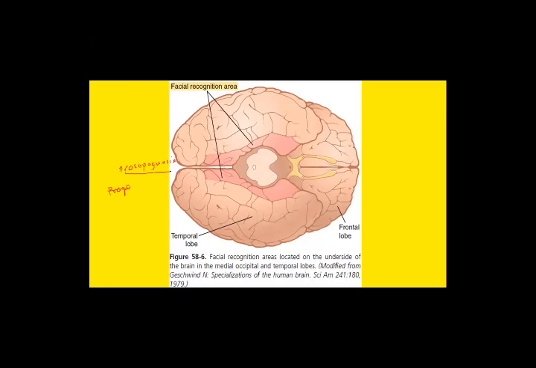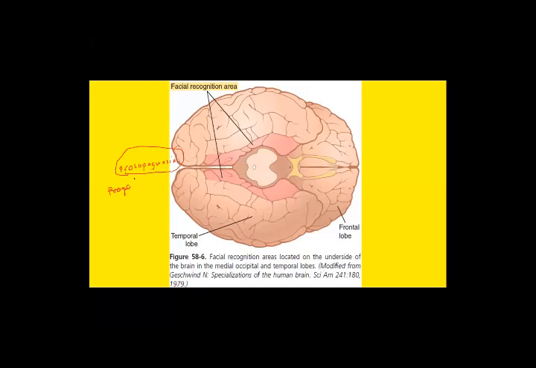And this is the clinical condition in a patient in which the areas of the inferior occipital surface and the inferior parietal area are damaged. So this is the facial recognition area. Whenever there is damage to this area, the person will not be able to recognize faces. And the clinical term that we use is prosopagnosia.